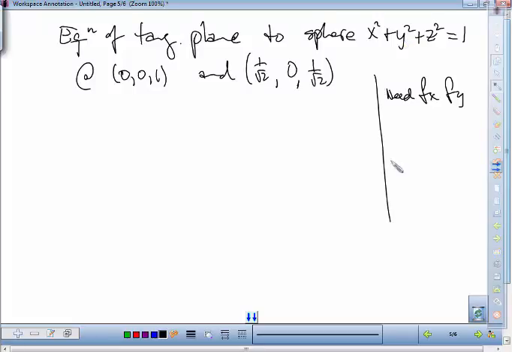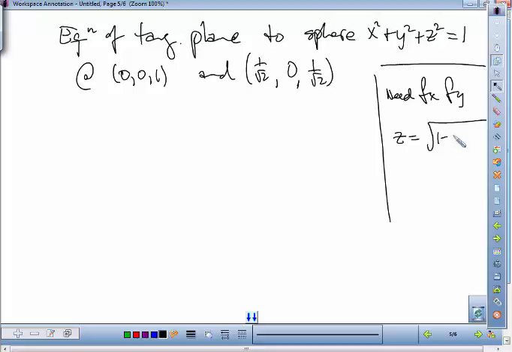Instead of solving for z and then taking derivatives, now I have to deal with square roots and stuff like that. Instead of doing that, can I do a workaround? I'm assuming yes.